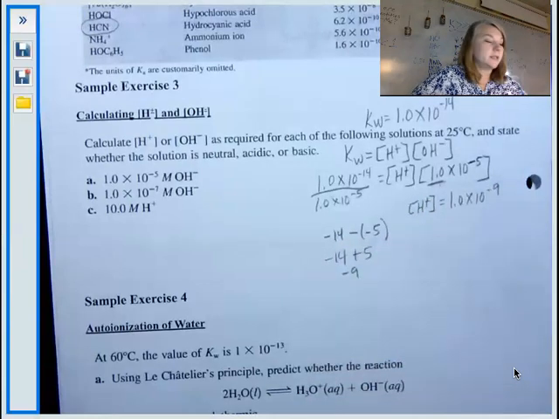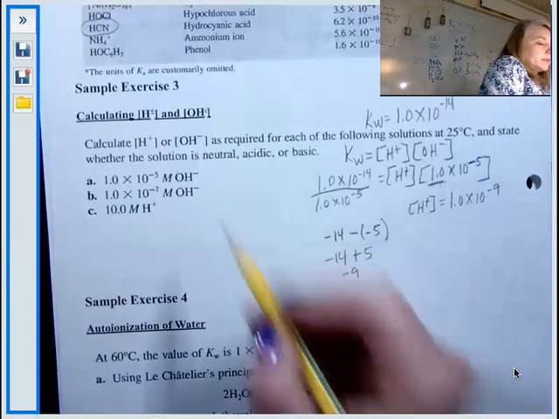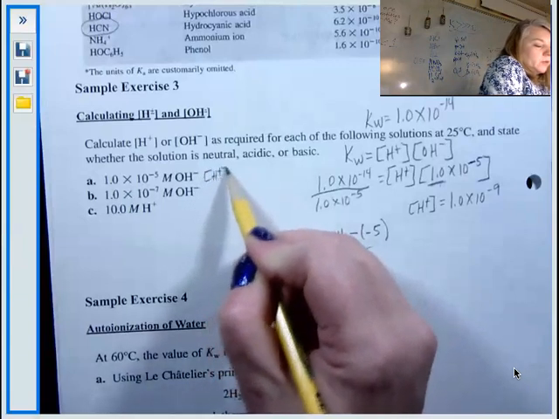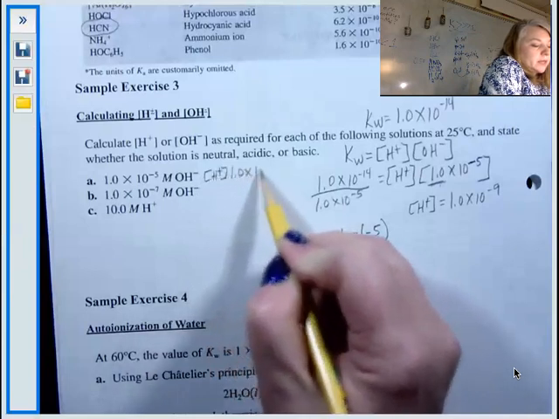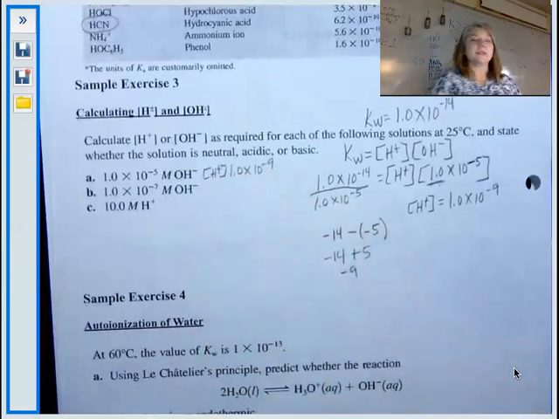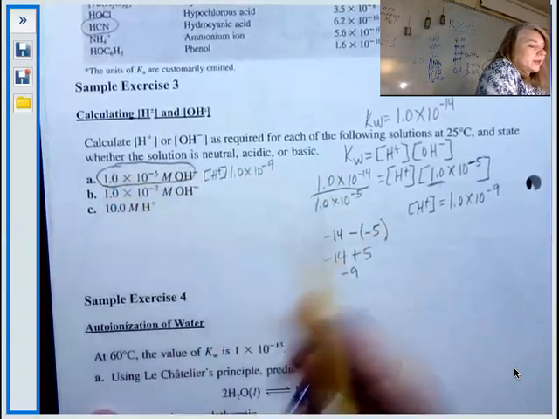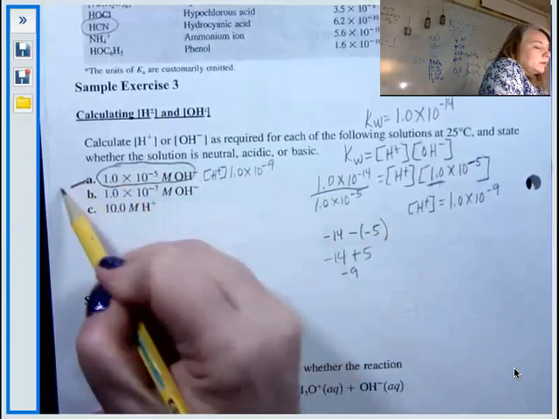Is it acidic, basic, or neutral? Which one's bigger, the hydroxide or the hydronium in this case? Our hydronium, H plus, was 1.0 times 10 to the negative 9. So who wins that competition? The hydroxide is bigger, and so solution A would be basic.